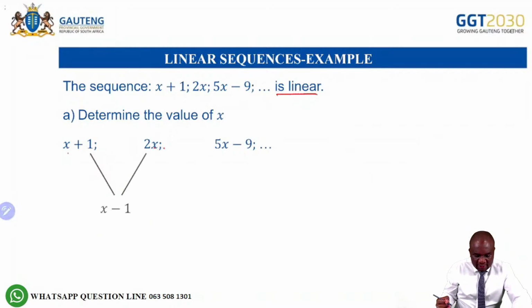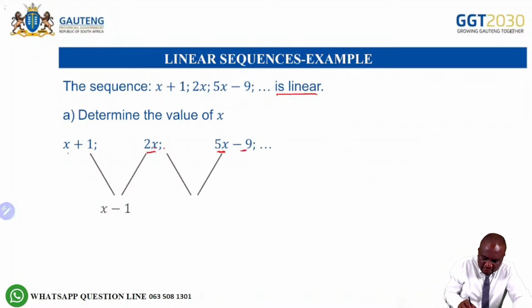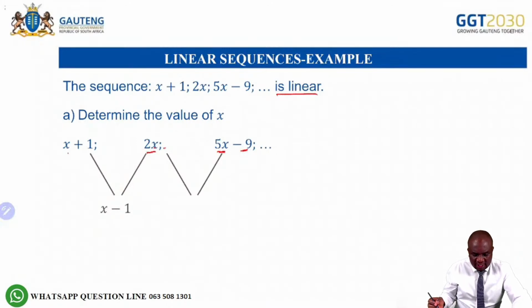So the difference there is x minus 1, right? And then we have this one, 5x minus 2x. What is it? That is 3x, right? And then negative 9 minus 0, that is negative 9. So we have 3x minus 9.